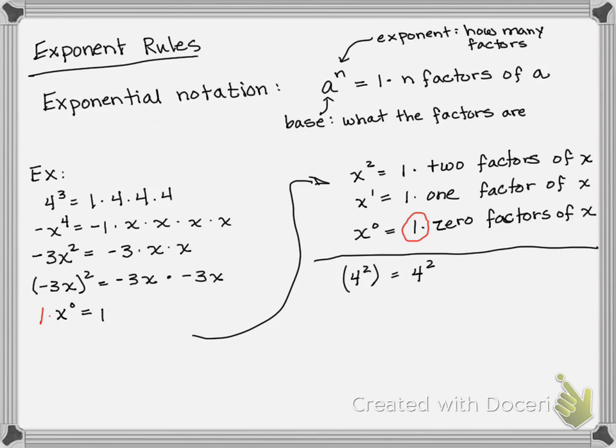Where the difference comes in is if you have, like, 3 times 4 squared, as opposed to 3 times 4 squared. Right, so the parentheses group multiple factors in the base, and so it really only changes anything if the exponent is outside the parentheses.